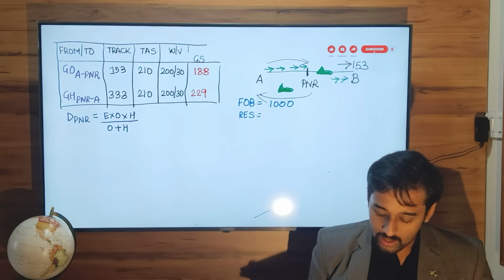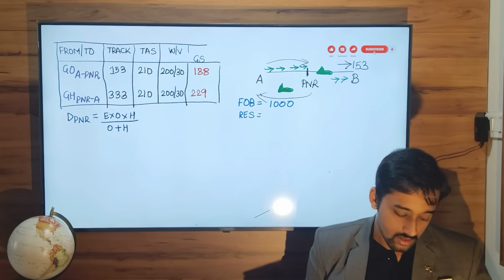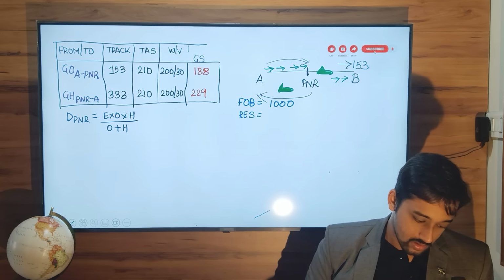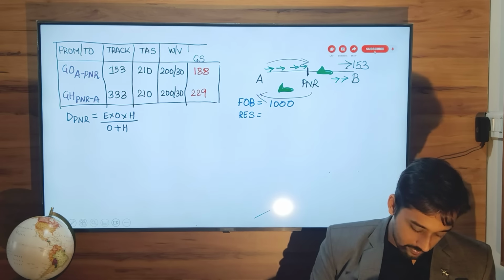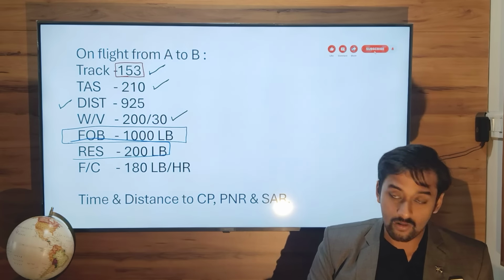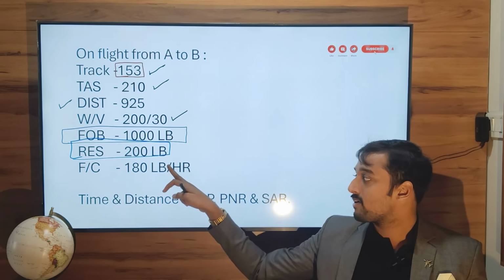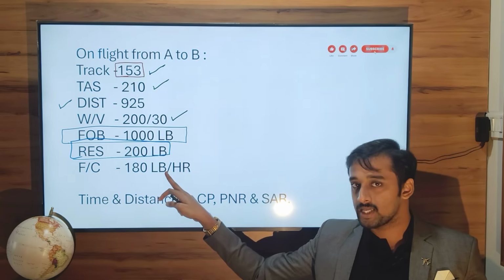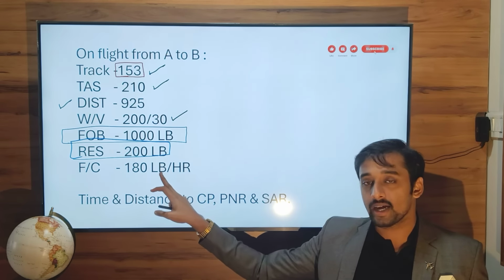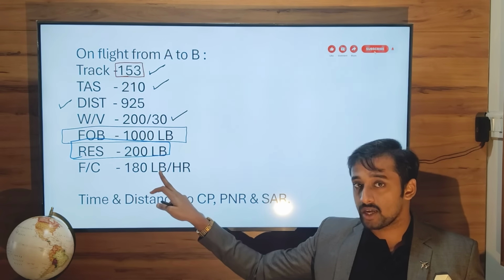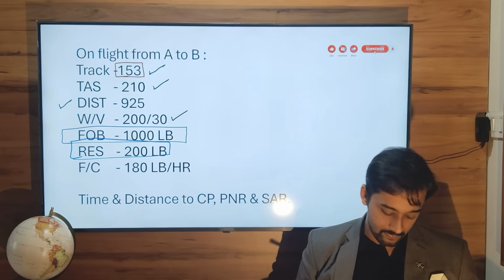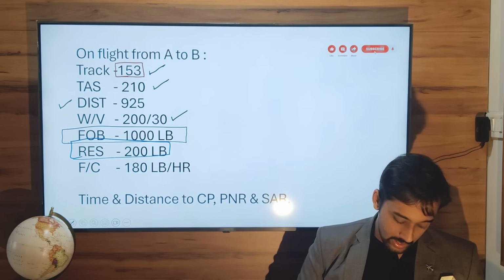Reserve fuel is 200 pounds. And always check that the units of every fuel element are the same. They can give pounds for two things, and for the third thing they can give kilograms per hour. So all the units of weight should be the same. So reserve is 200.